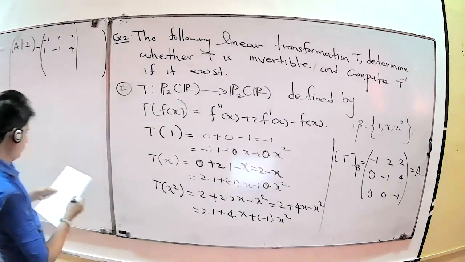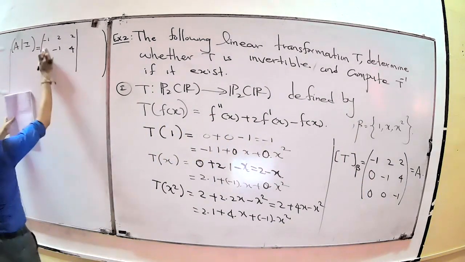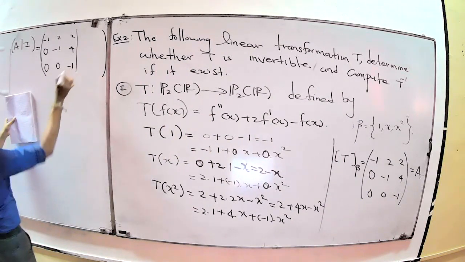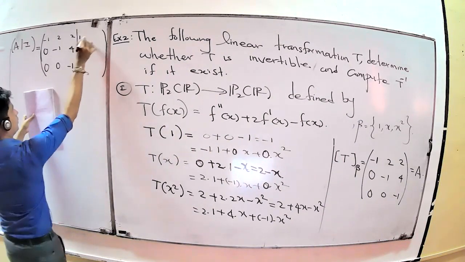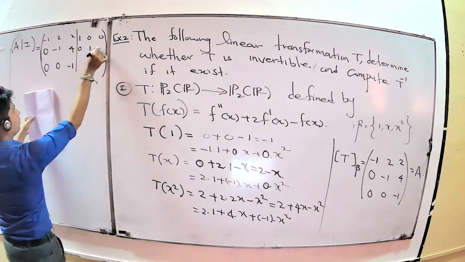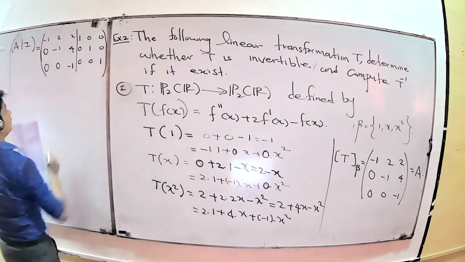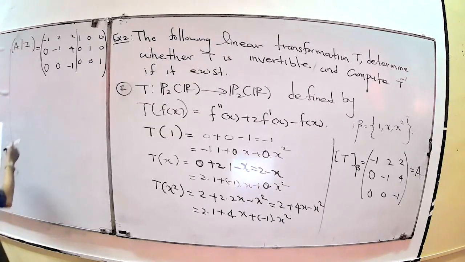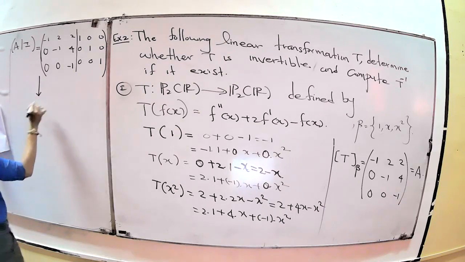Now, to find A inverse, you write A alongside the identity matrix: 1 0 0, 0 1 0, 0 0 1. Do some row operations.